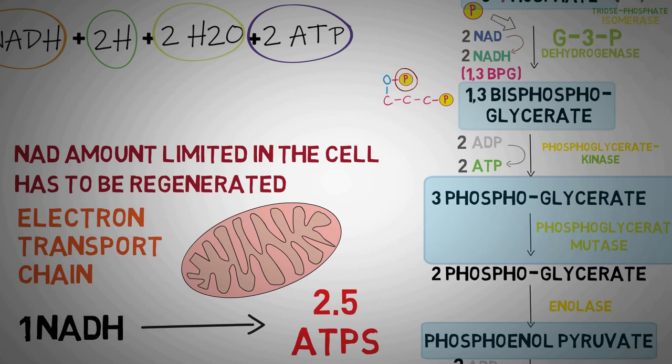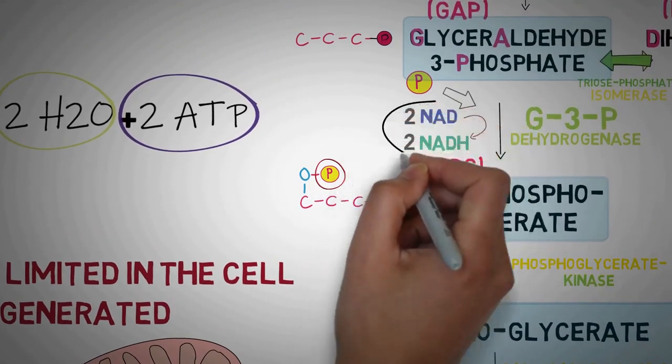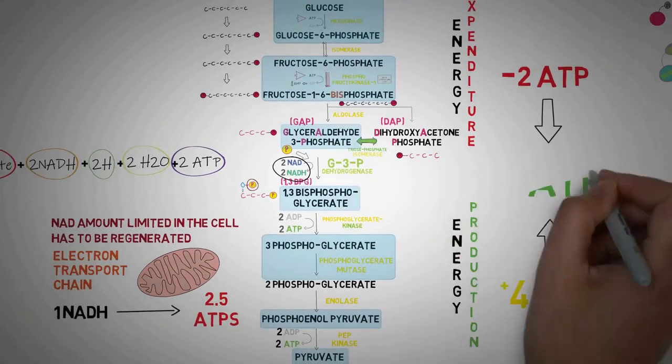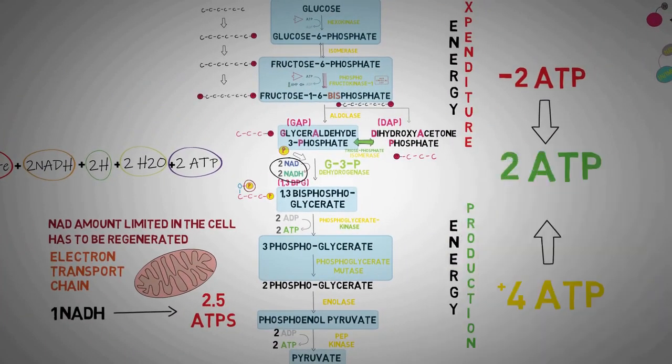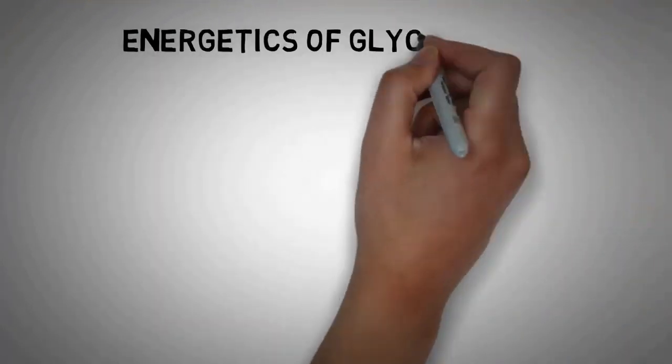This is an example of generation of ATPs through ionic gradients, and it is different from substrate level phosphorylation that we discussed earlier in this video. Now we are getting an additional 2 NADH molecules in aerobic glycolysis per molecule of glucose that enters the pathway. So a quick recap on the energetics of glycolysis.